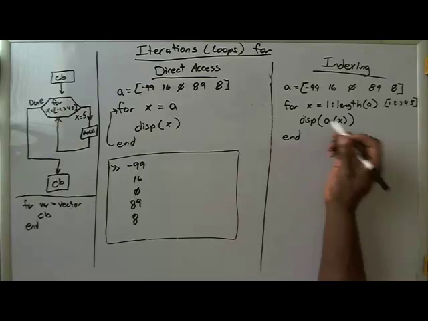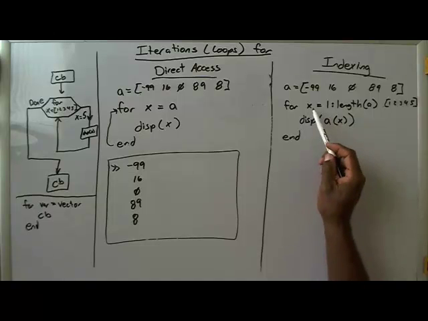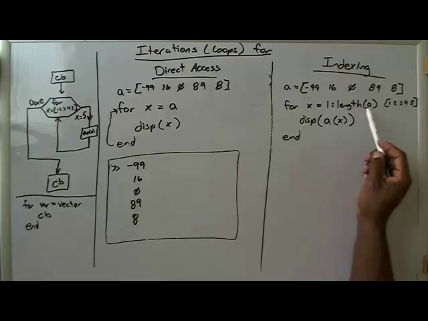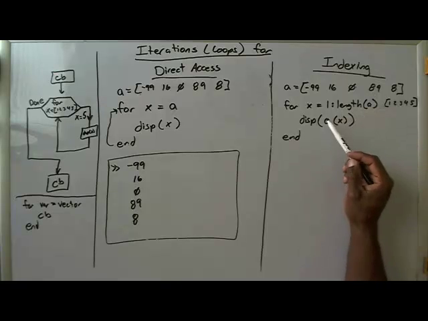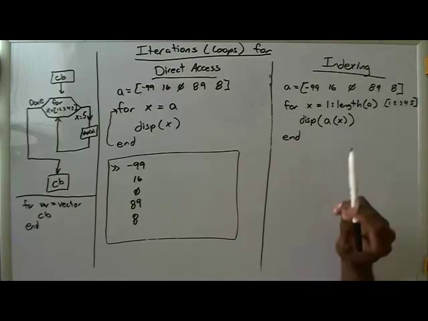So the difference with the indexing method is that my loop variable is not going to be equal to the direct values in the vector. It's going to be equal to the indexes in the vector, and then I have to access the values via indexing inside of the code block inside the loop.